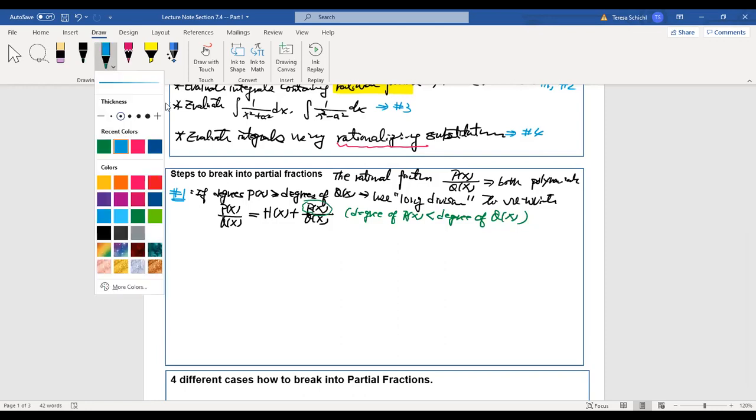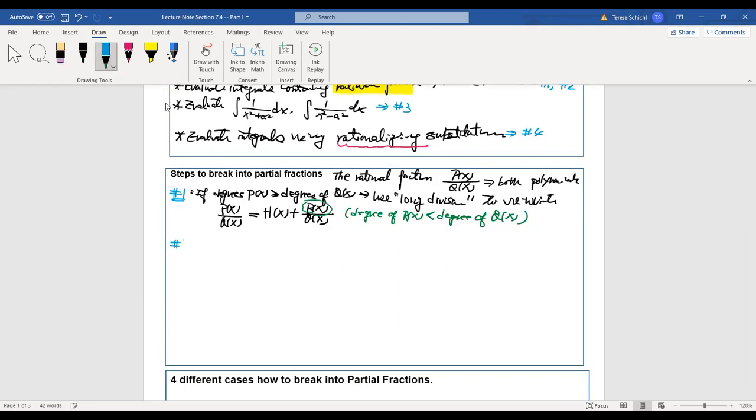Then the second step: what do we need to do here? We will rewrite Q(x) in a factored form.